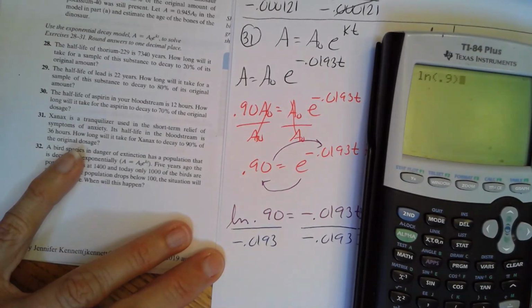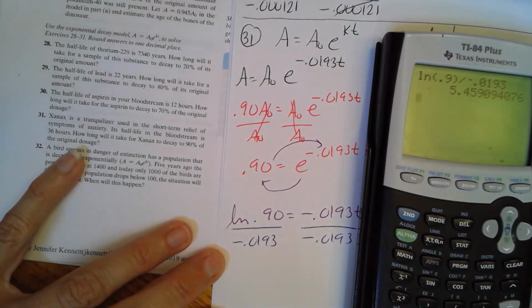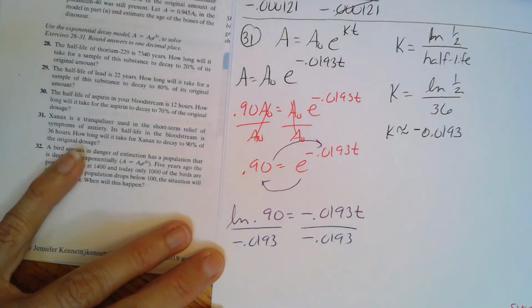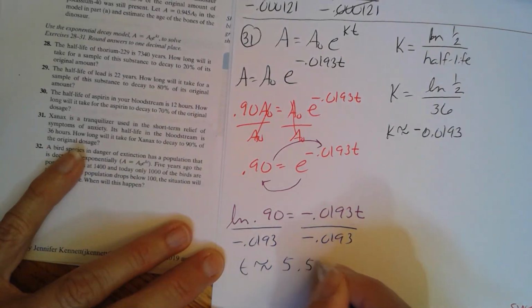So natural log of 0.9 divided by negative 0.0193. So how long will it take for the Xanax to decay to 90%? It's going to take approximately 5.5 hours.